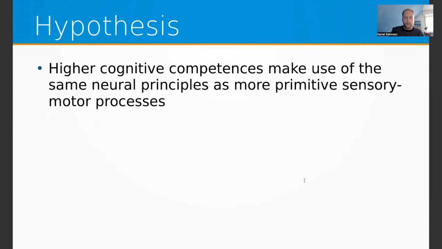A related claim is that these higher cognitive competences don't just come in addition to the other hardware by virtue of new neural principles that do something of a different kind than these perceptual motor representations and processes, but rather that the same neural principles that are already in place evolutionarily for achieving perceptual motor competences, or more primitive cognitive competences, also hold true for whatever comes in addition to achieve the higher cognitive competences.